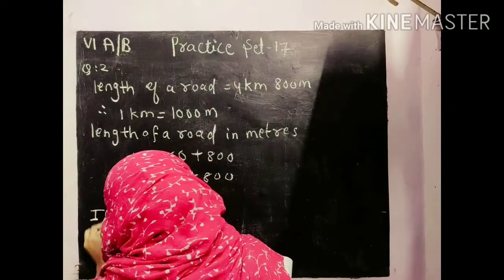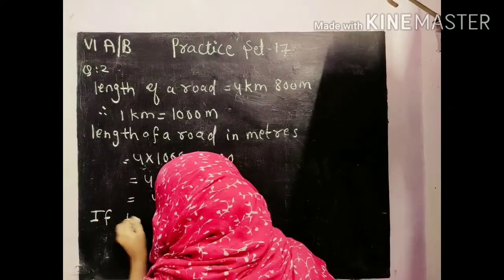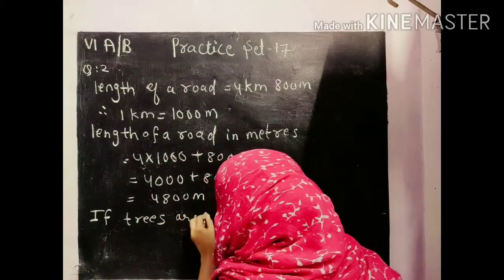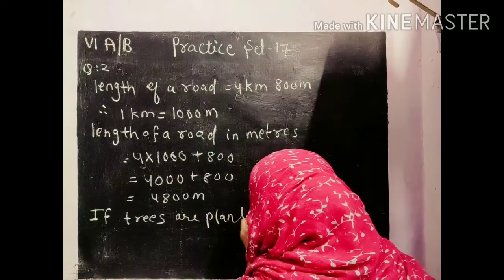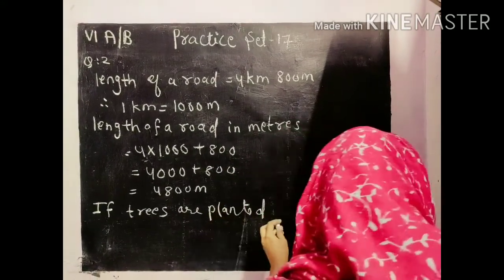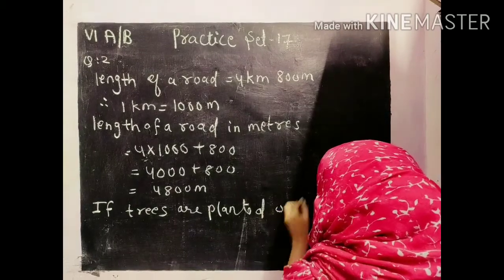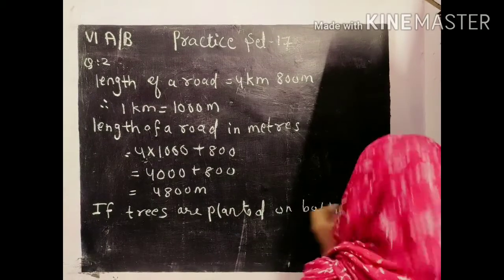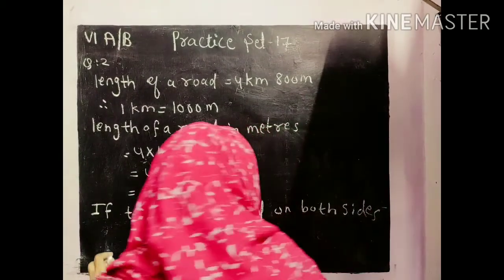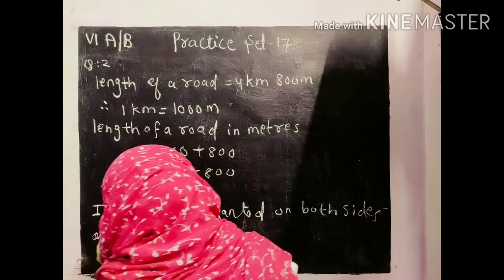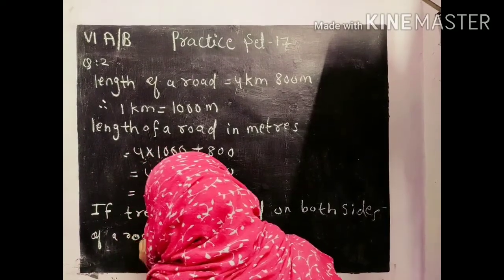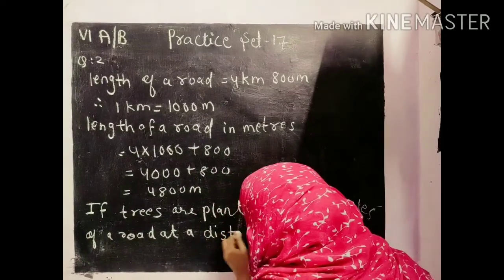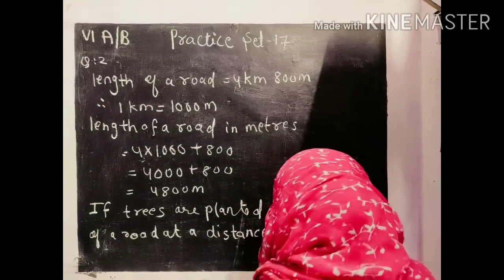Next, what is given? If trees are planted on both sides of a road at a distance. Distance means interval.